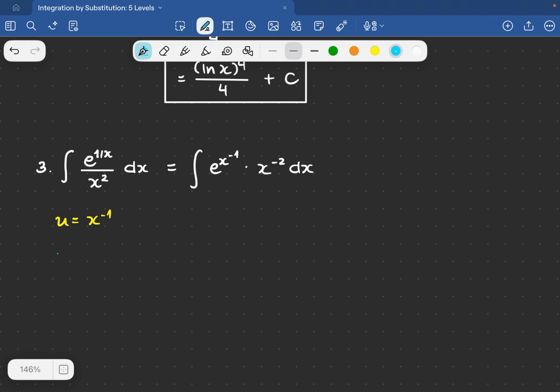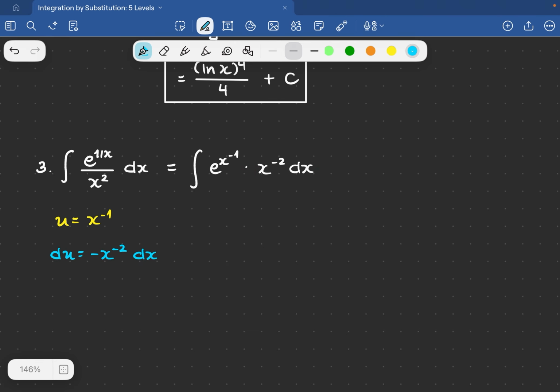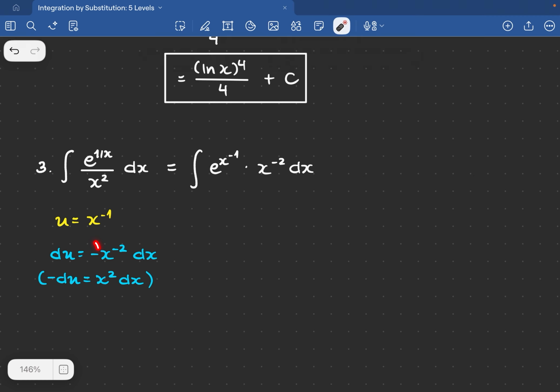By power rule, we will have du equal to negative x raised to negative 2 dx. And then just to match what we have out here, since there is no negative, we can just rewrite this one as negative du equal to x raised to negative 2 dx. Essentially, I just multiplied negative to both sides, and negative times negative will be positive.